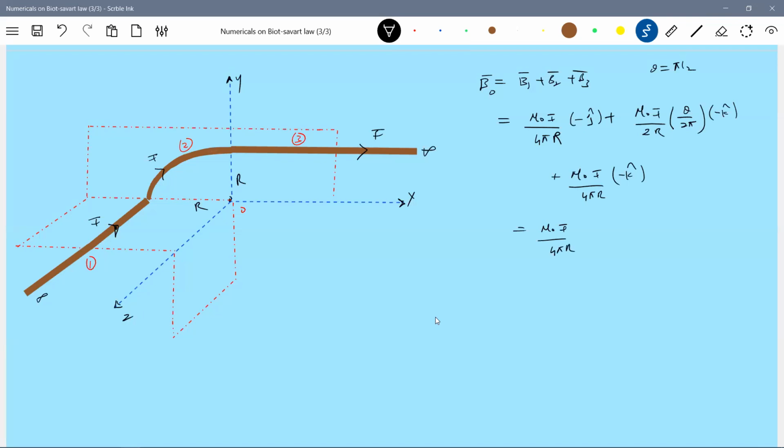Mu naught I by 4 pi r I'll take common, so minus j cap. Here theta will be pi by 2. Pi we cannot take outside. 4r I'll take. Theta, if you substitute, pi will get cancelled. So this will be minus k cap.